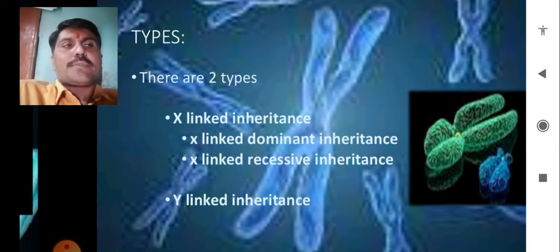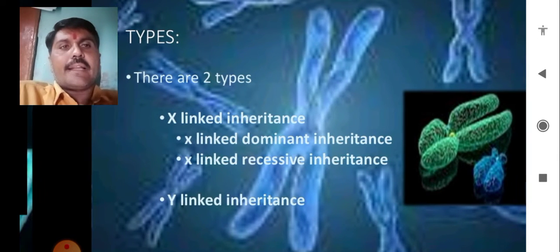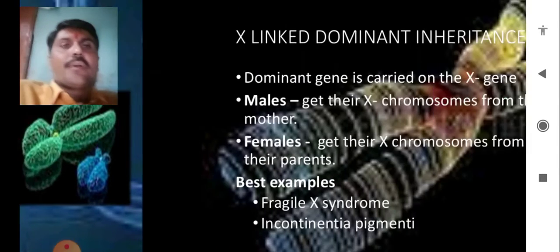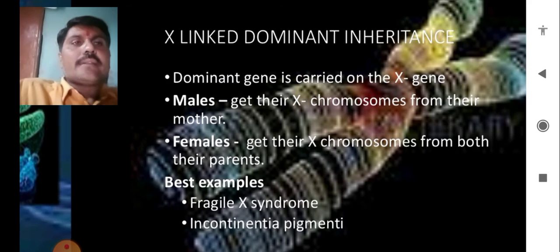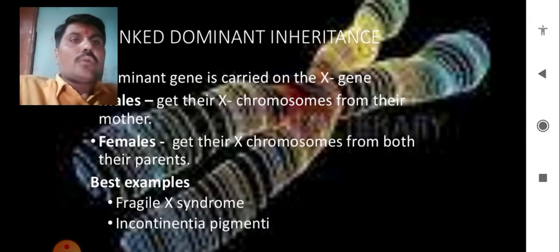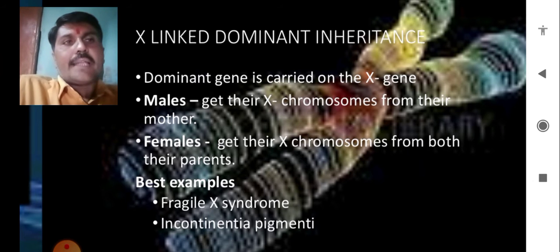There are two types of inheritance: X linked inheritance, that is dominant inheritance and recessive inheritance, and the second one is Y linked inheritance. So, in X linked dominant inheritance, we look out that the dominant gene is carried on the X chromosome.